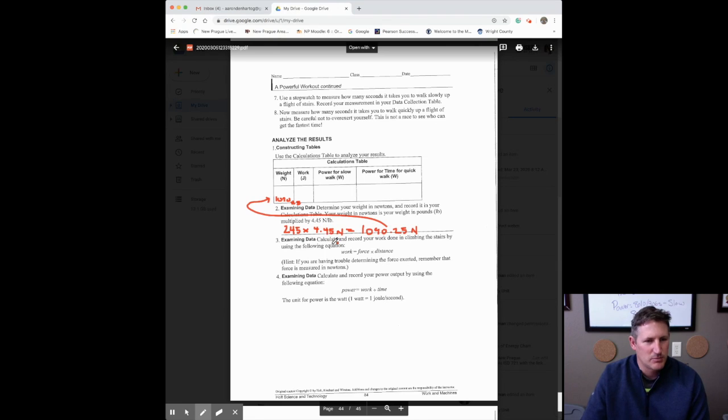Now the next part is to calculate and record your work done in climbing the stairs by using the following equation. Work equals force times the distance. So I have to take my 1,090.25 times how tall the steps were.